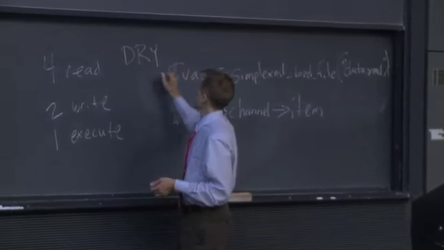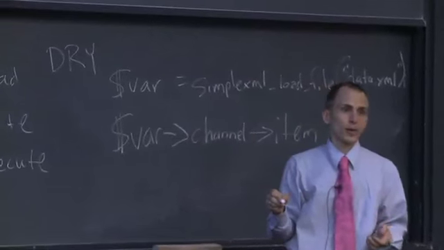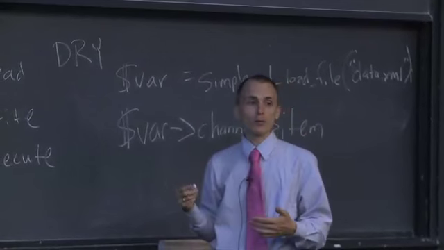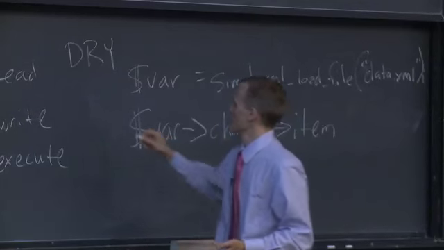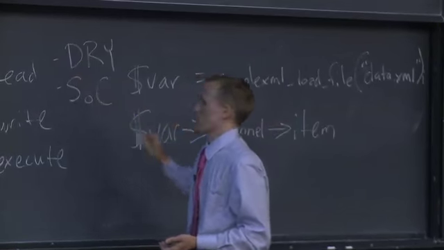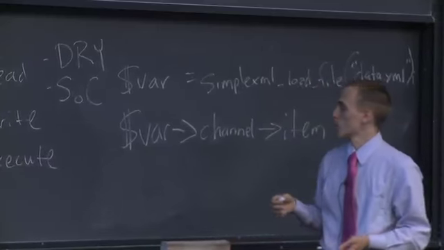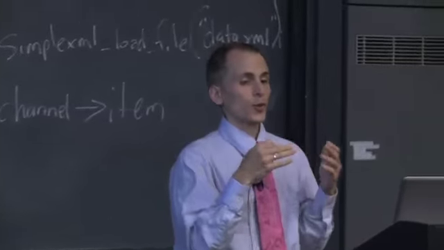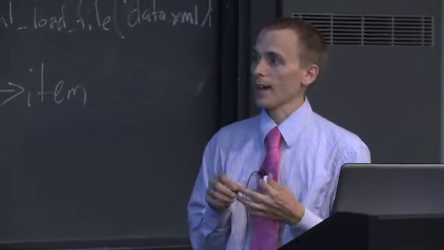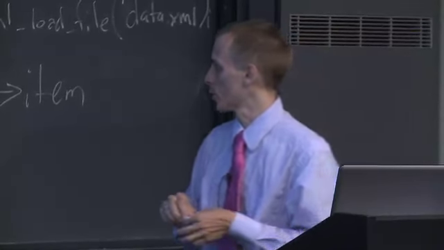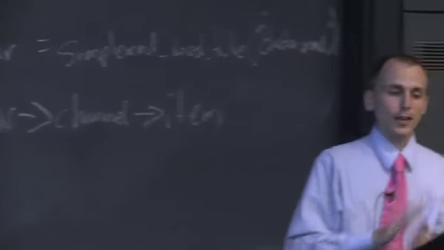We want you to follow the DRY, the don't repeat yourself principle. If you're coding something more than once, you should probably figure out a way to code it once. You also want to follow the separation of concerns principle, which means that for different areas of your web application that perform different types of activities, you want to keep them separated. And that's good for security, it's good for mental clarity, and the maintainability of the code, as well as just making it comprehensible to people that are coming across your code for the very first time.